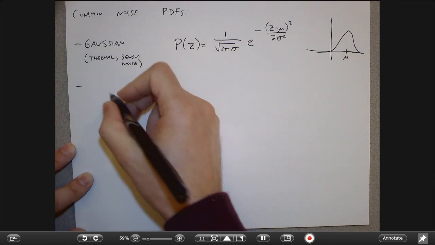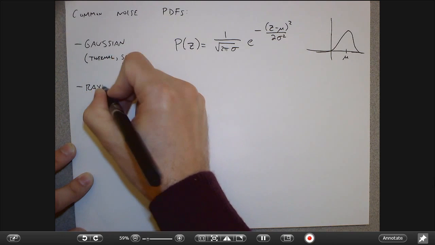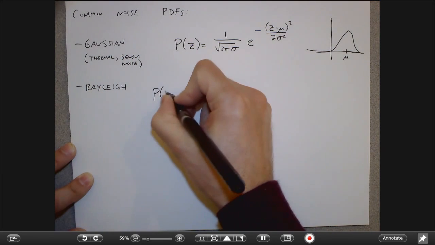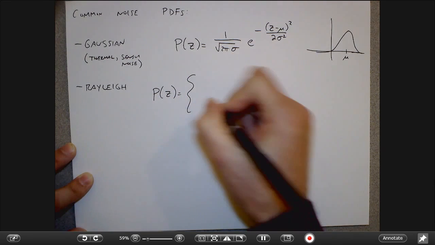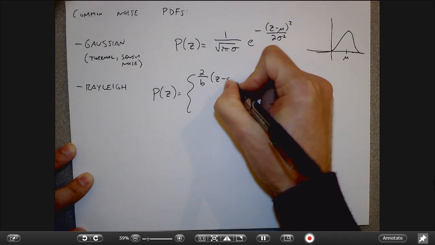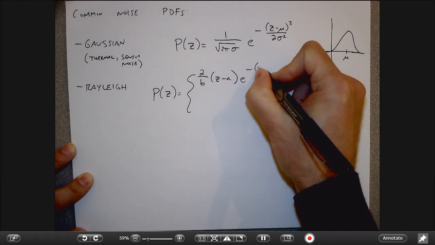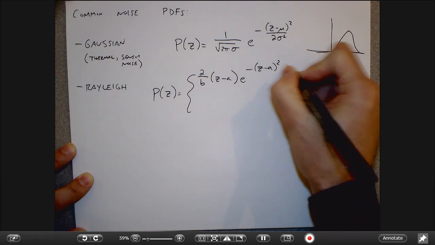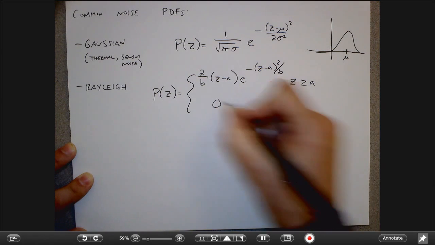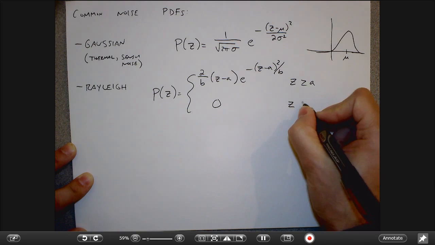In some applications like range imaging, there's something called Rayleigh noise. So it kind of looks like a Gaussian in some region, and 0 when I'm less than some value.